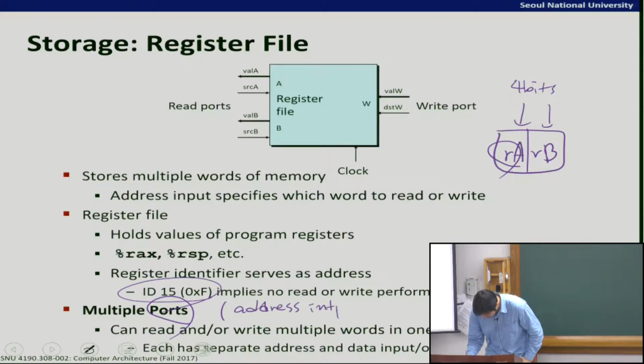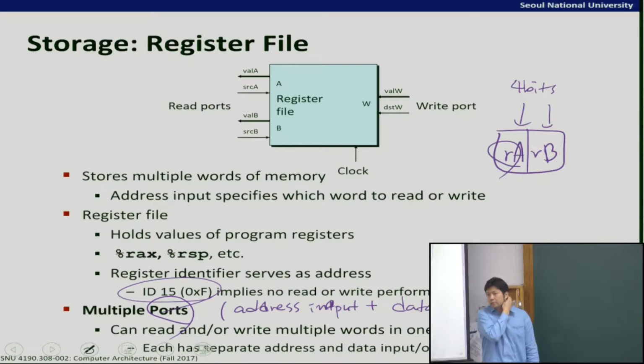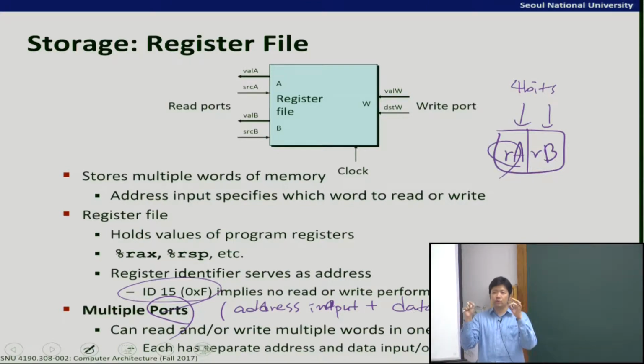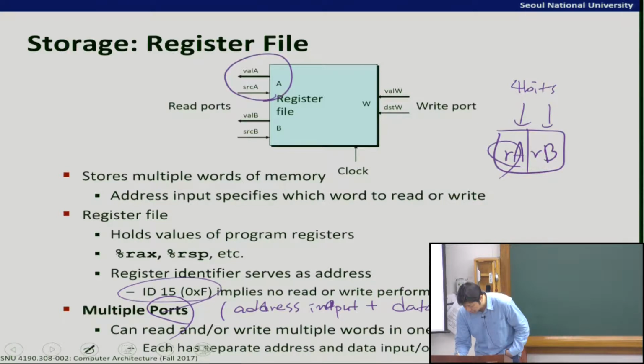A pair of address input and data in or out. This is called a port. So let's say if you have 2 ports, then you can read out 2 register values in a single cycle. If you have 3 ports, you can read or write 3 register values in the same cycle. So in this example, we assume 3 register ports, 2 read ports and this write port.